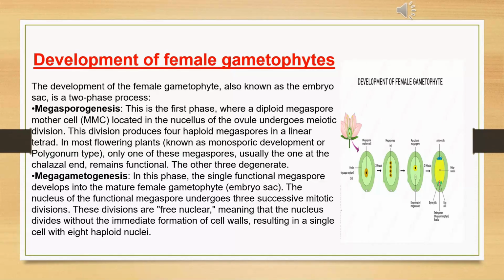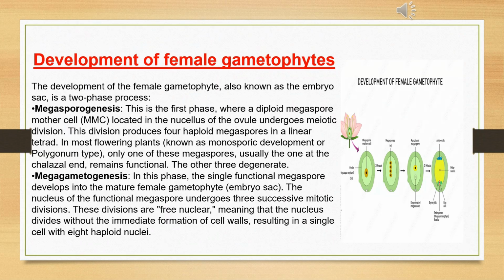In most flowering plants, known as monosporic development or polygonum type, only one of these megaspores, usually the one at the chalazal end, remains functional. The others degenerate. Now we'll see the second phase, that is megagametogenesis.